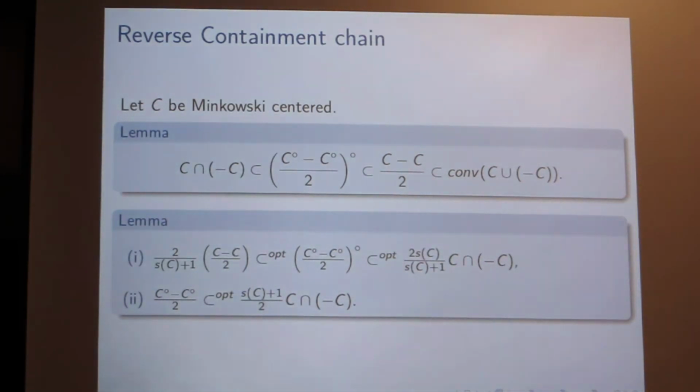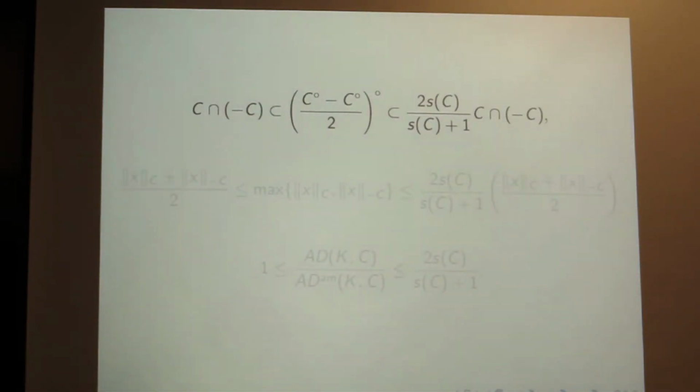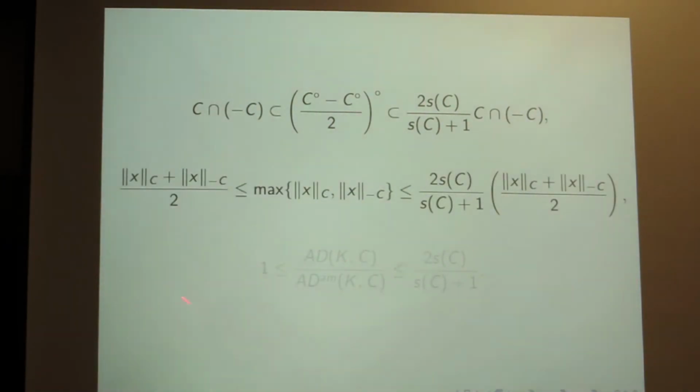So now that we have the normal chain, the inverse chain, let's apply this to our diameters. Here is the chain, the section, harmonic mean, and again the section. Then, taking the gauge functions with respect to these three bodies, we have some inequality for the gauge functions.